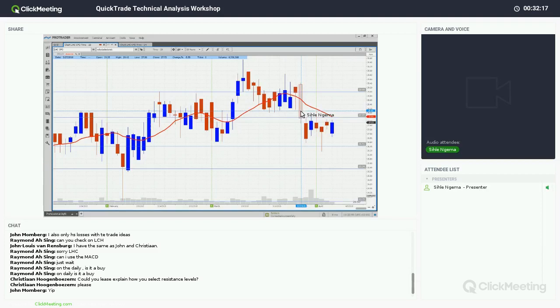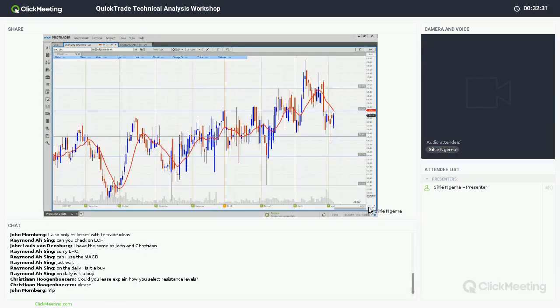That break happened on the 27th of March. The price broke below the moving average, and it has been trading below the moving average since. So that's one thing that is worrying me. I'm not happy to go in and take a long because of that.